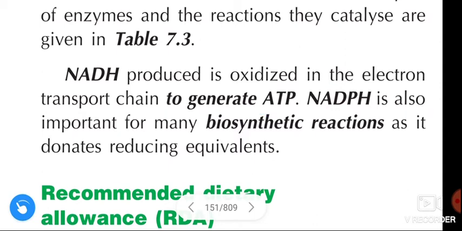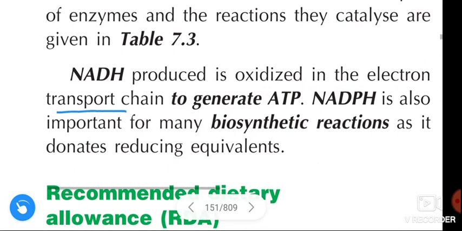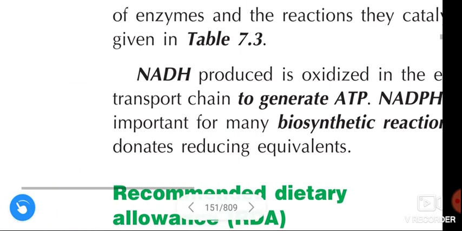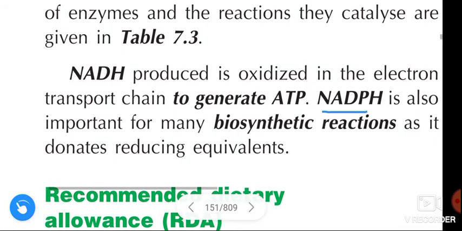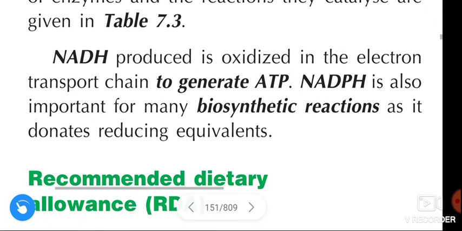NADPH is also important for many biosynthetic reactions as it donates reducing equivalents. This is about the biochemical functions of niacin.